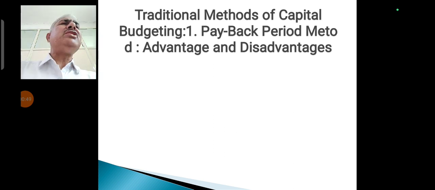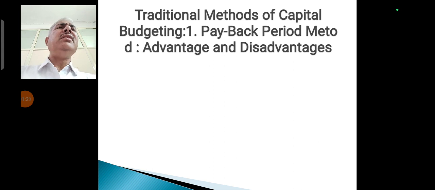This method is based on the principle that every capital expenditure pays itself back within a certain period out of the additional earnings generated from the capital assets. Thus, it measures the period of time for the original cost of a project to be recovered from the additional earnings of the project itself.